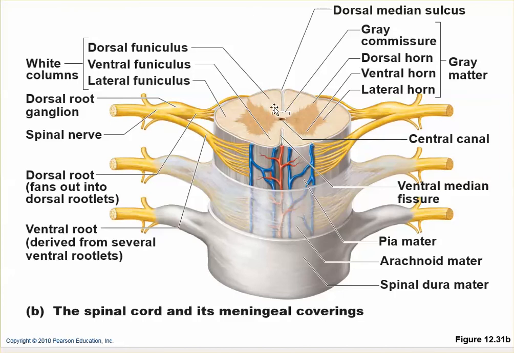And it virtually divides the white matter into different areas. So there's the dorsal funiculus, the ventral funiculus, and the lateral funiculus. Again, it will come to be more important later when we talk about the peripheral nervous system.